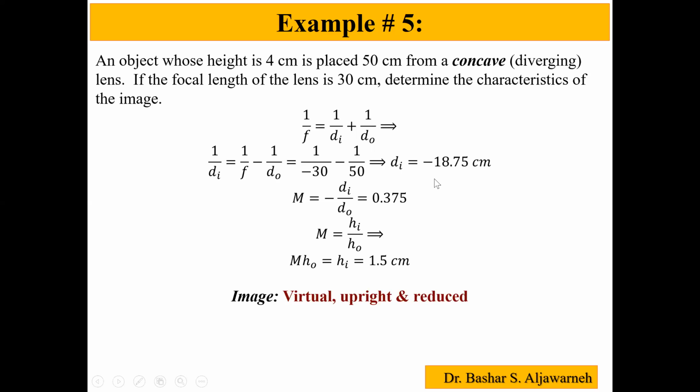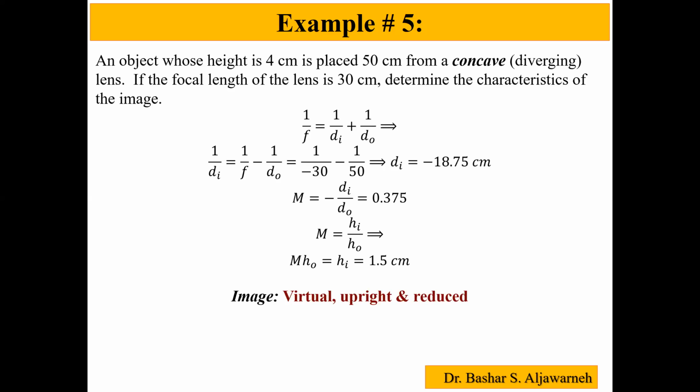At this point, I need to know what the minus means. The minus sign here means the image location is the same side as the object location. That's why the minus sign showed here. Now, to see the magnification, same as the previous example, from here, you can tell the following.